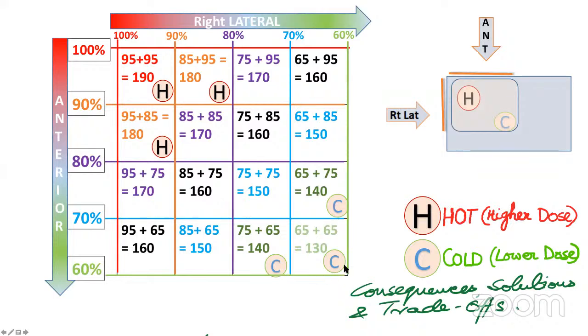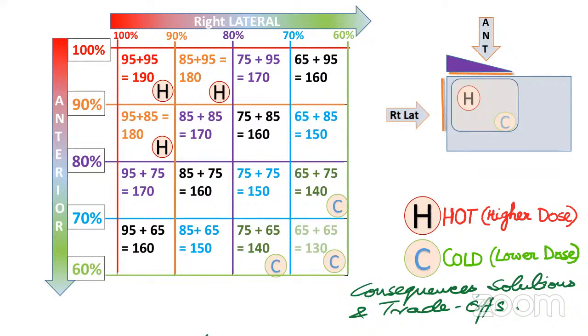Put in other words, any part of the body, and it doesn't care whether a target volume is there or not, which is closest to the two beams, closest to the right lateral beam and the anterior beam, will get the highest dose, the hotspot. And any part of the body, whether it has tumor or normal tissue, doesn't matter really, which is farthest away from both the beams will get the lowest dose, which is the cold. So how do you take care of that?